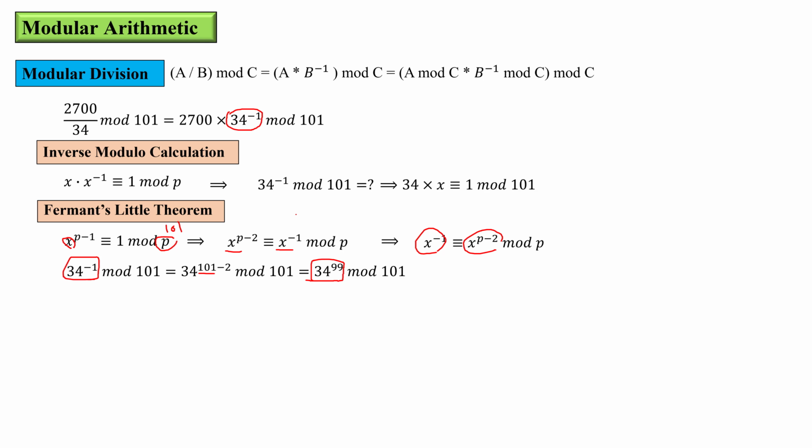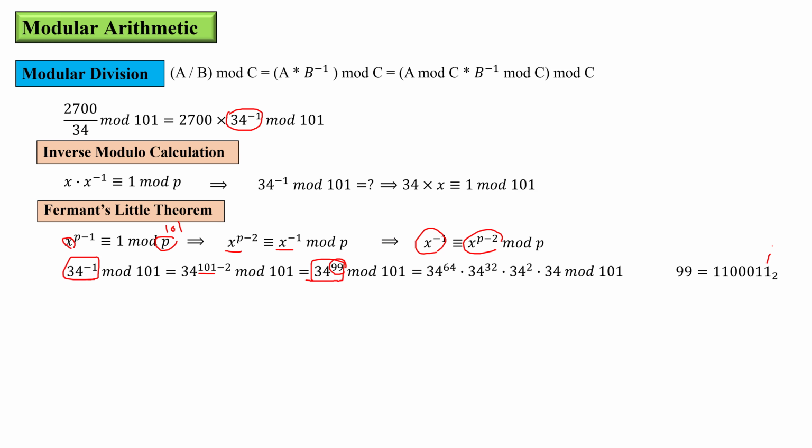But a simpler protocol says that if you want to compute 34 to the power of 99, you can convert 99 into binary form, which is 1100011. Then using this binary form, you can convert 99 into the different powers of the number 2.